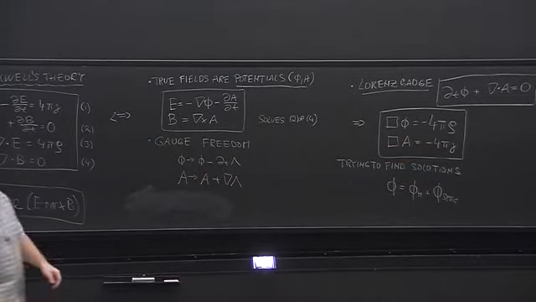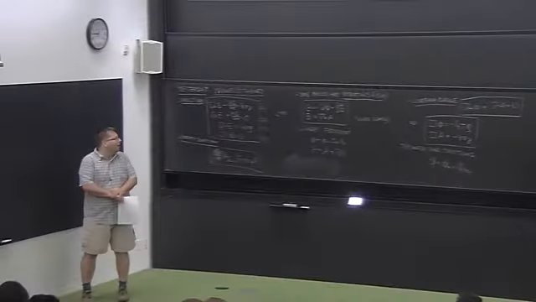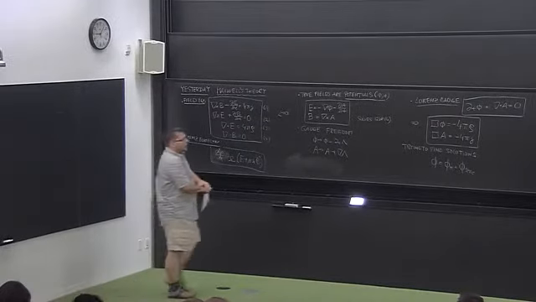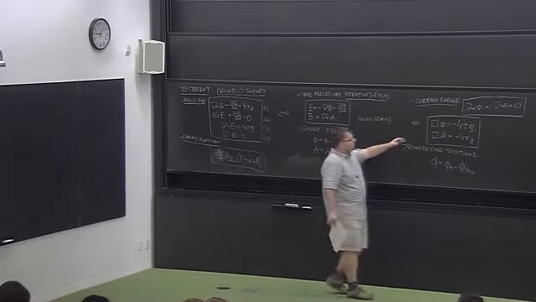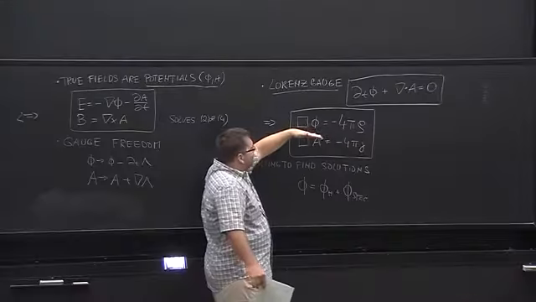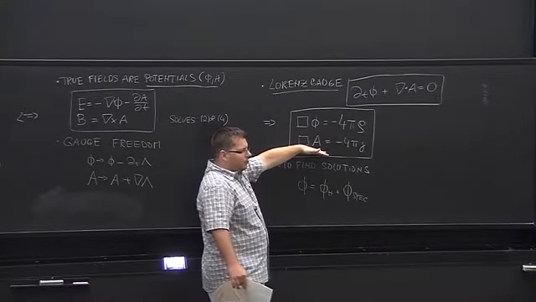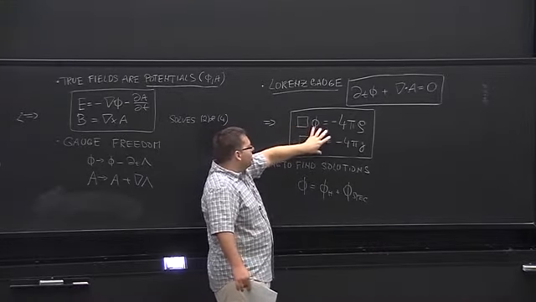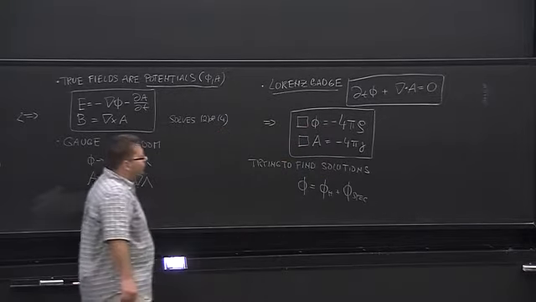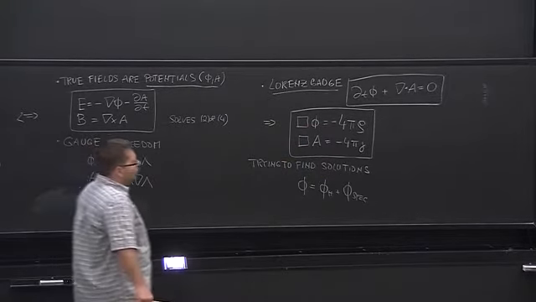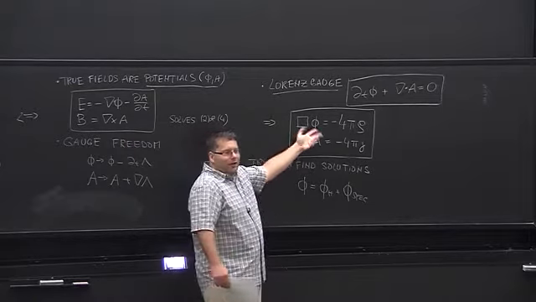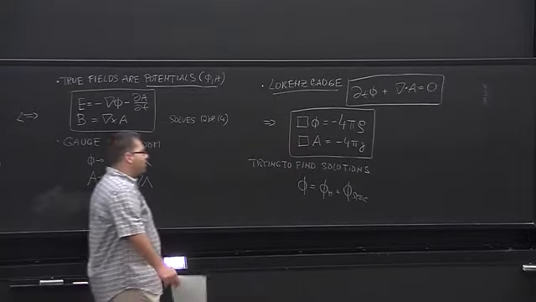And so you see that these equations are exactly the same. If I write it in Cartesian coordinates, you get the same wave equation here and the same wave equation for the 3 components of the vector potential A. And so if I solve one equation, I solve the other as well.